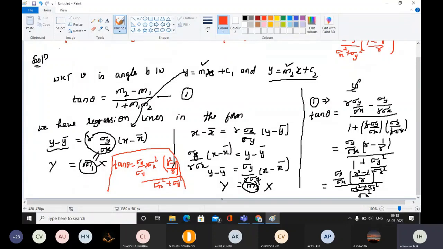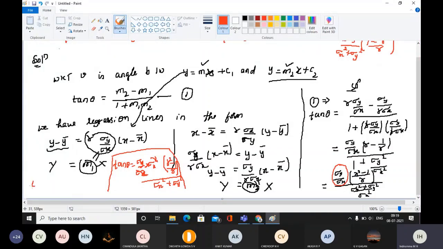Okay, so here this is sigma y by sigma x. Now one sigma x and one sigma x cancelled, one sigma x and one sigma x cancelled.